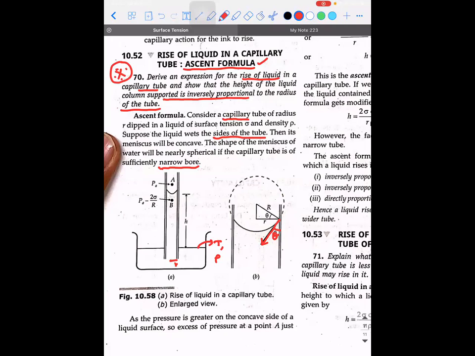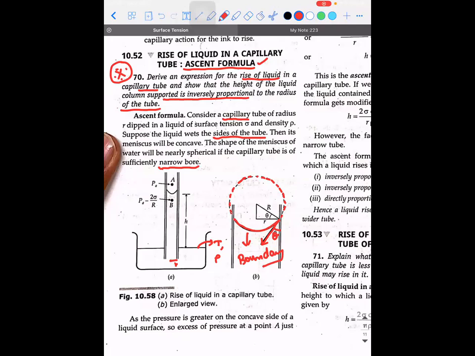Now listen. So, since I'm taking it to be a spherical part, this meniscus has how many free surfaces? This boundary has how many free surfaces?